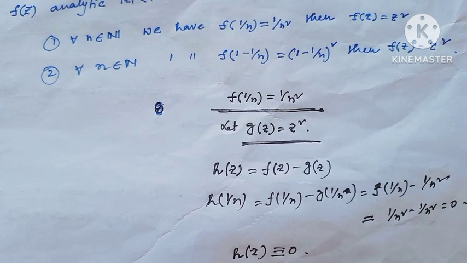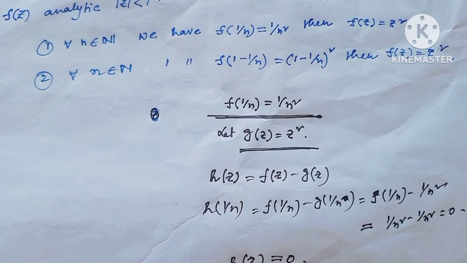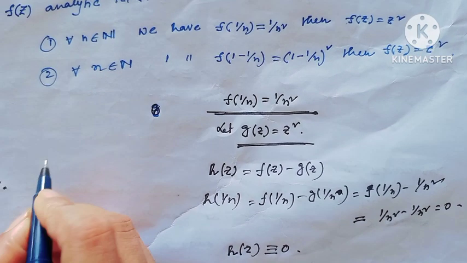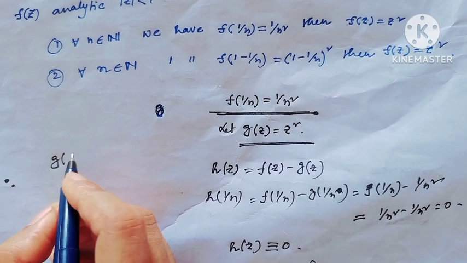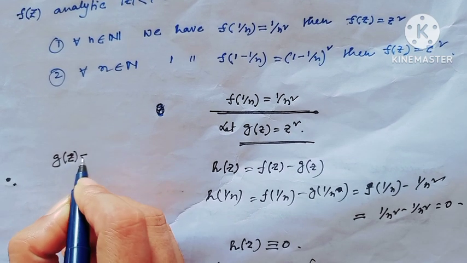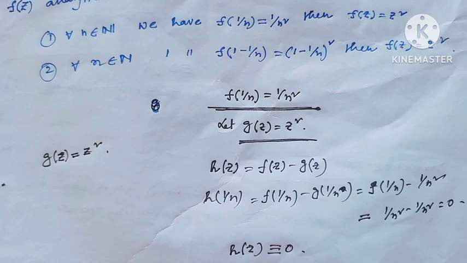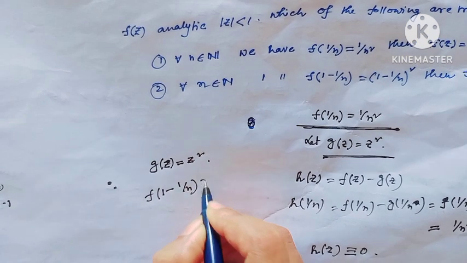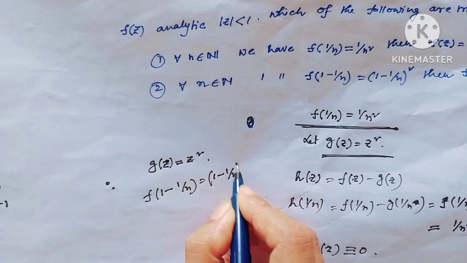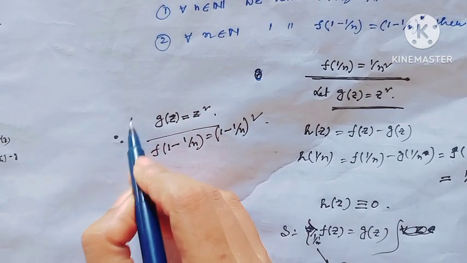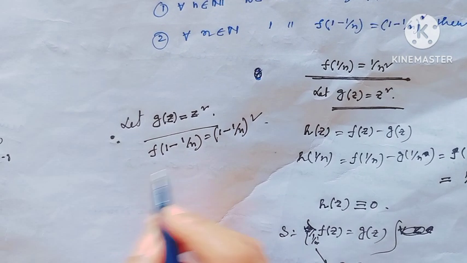Similar to before, next example: for all n belonging to the natural numbers, f of 1 minus 1 over n equal to 1 minus 1 over n whole square. Consider here g(z) equal to z square, and given f of 1 minus 1 over n equal to 1 minus 1 over n square. This is given, and this I have considered as g(z), a new function.